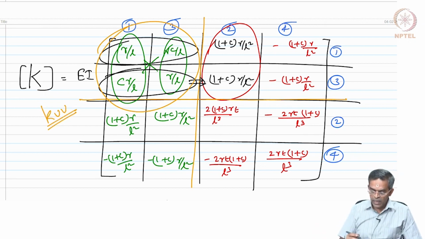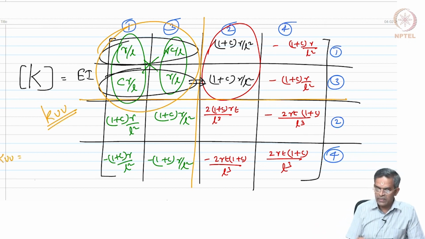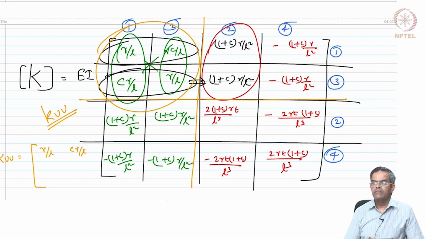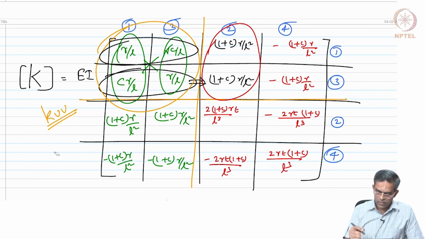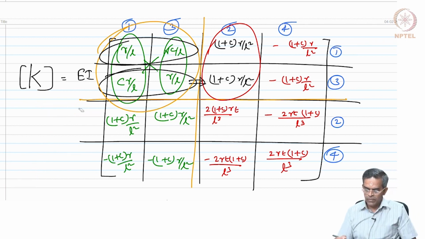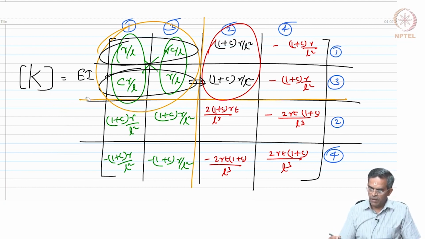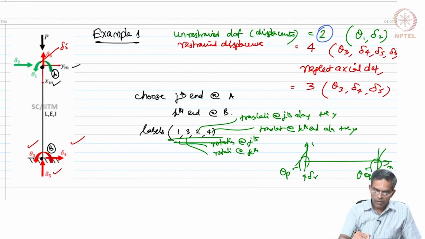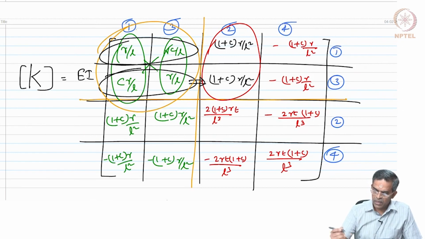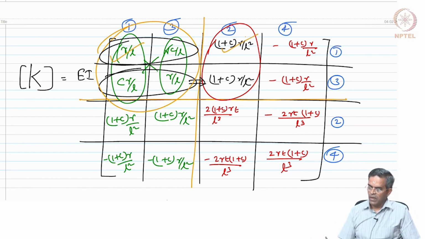So, I can now write KUU as R by L, CR by L, sorry, 1, 2, sorry. Not partitioning, I think we can pick up the first and second. So, I must pick up K11, K12 and then K21 and K22.